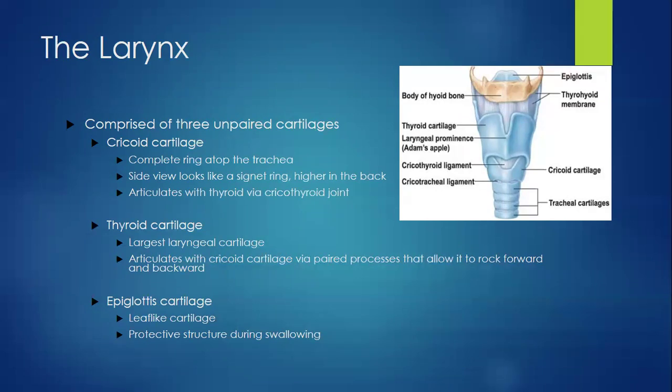It has a big function of protecting your airway when you swallow. So when you swallow food, your vocal folds close, and then your epiglottis covers your airway so that the food goes through your esophagus and not through your trachea. Okay.